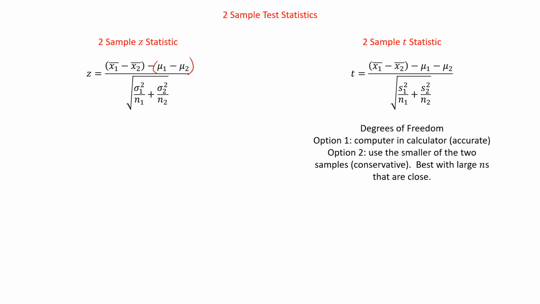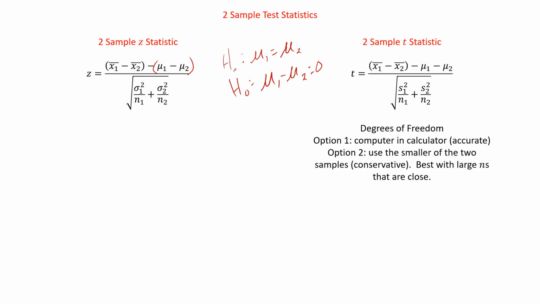When we're doing our hypotheses, by the way, for a two sample test, for our null hypothesis there are two options. Either mu1 equals mu2, or mu1 minus mu2 equals 0. Those two things are equivalent.